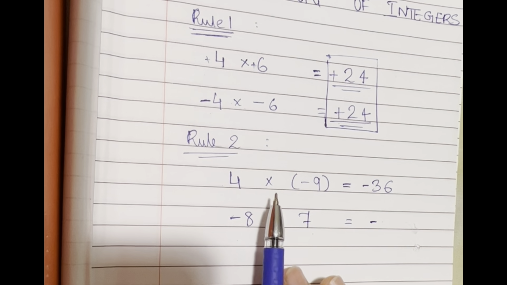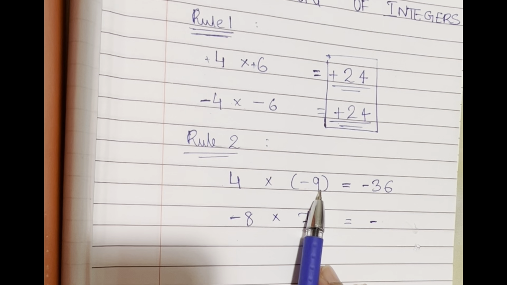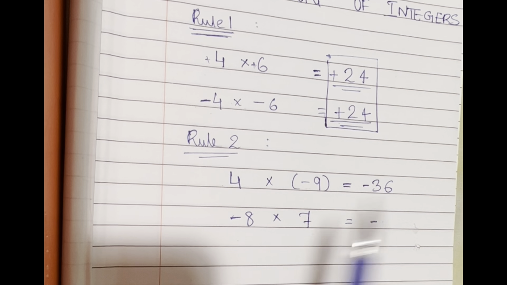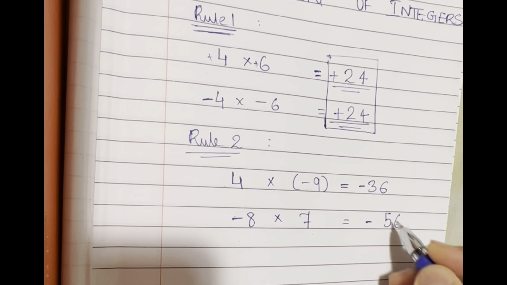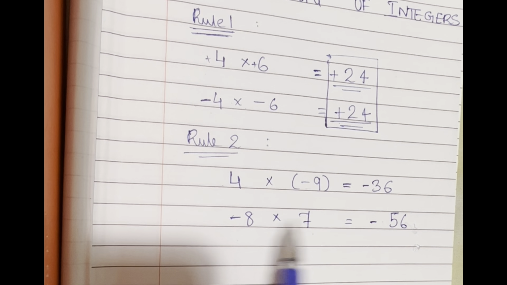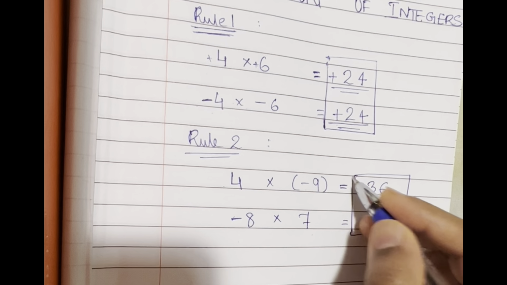In short, when opposite signs come, we simply multiply them and put the minus sign. Here also first we multiply them. What is 8 into 7 or 7 into 8? 56. Multiply them, write the value here, then look into the signs. They are opposite signs, so negative. Got it? So rule number 2 is done.